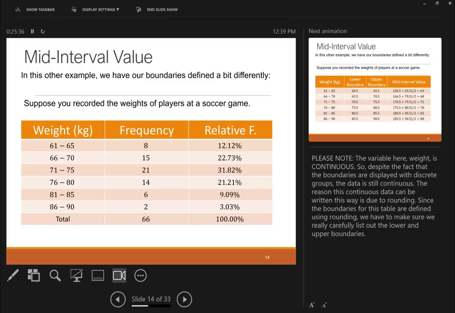And I would do 63 times 8, because there's 8 63s in my data set, plus 68 times 15, because there's 15 68s, plus 73 times 21, because there's 21. Do that all the way down and then divide by the total, 66. And that'll give me an approximation for my mean.